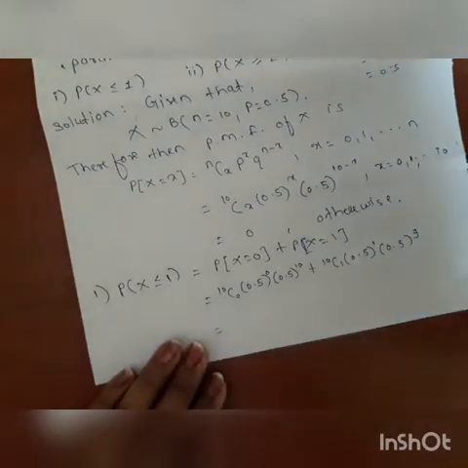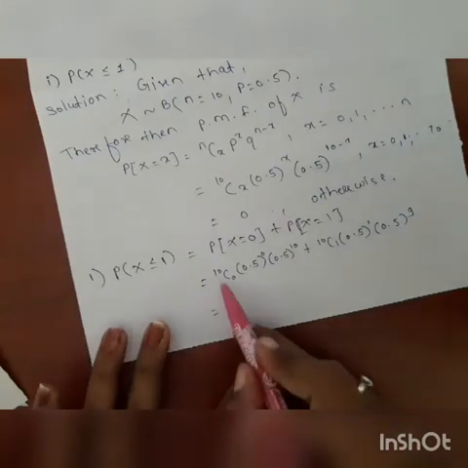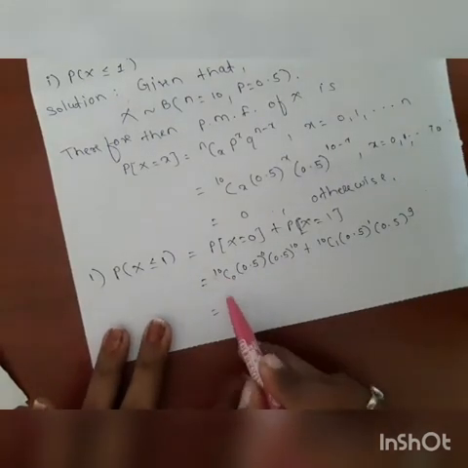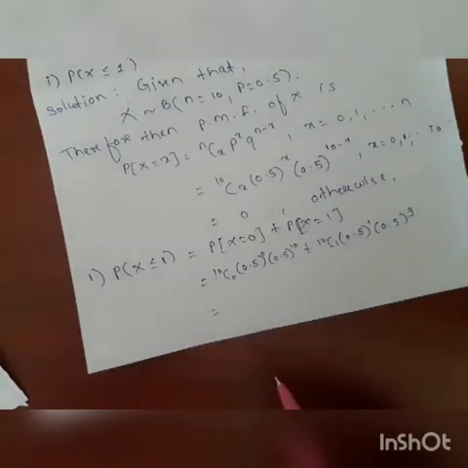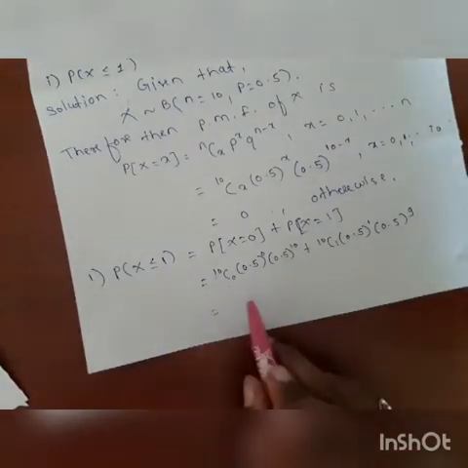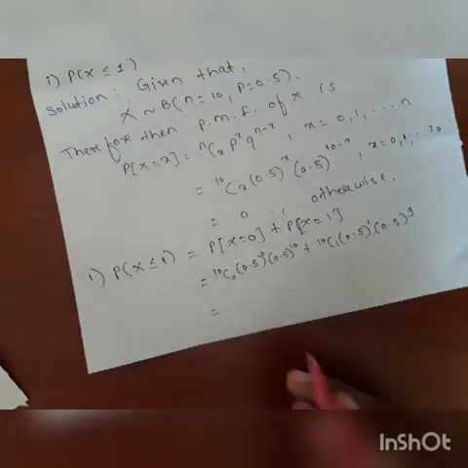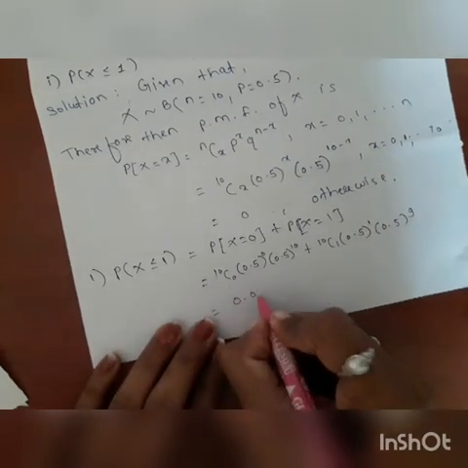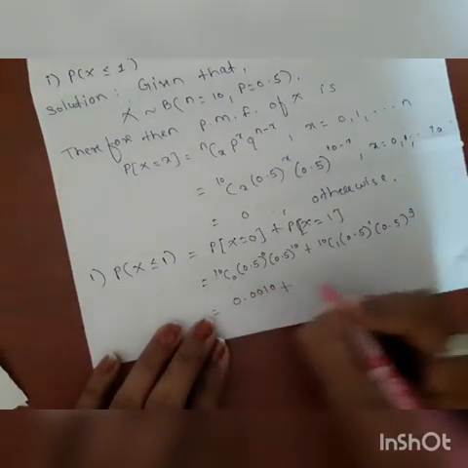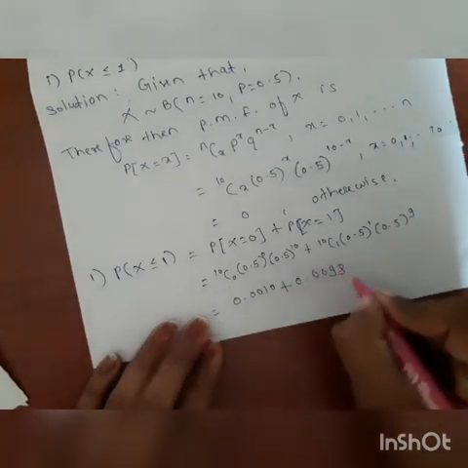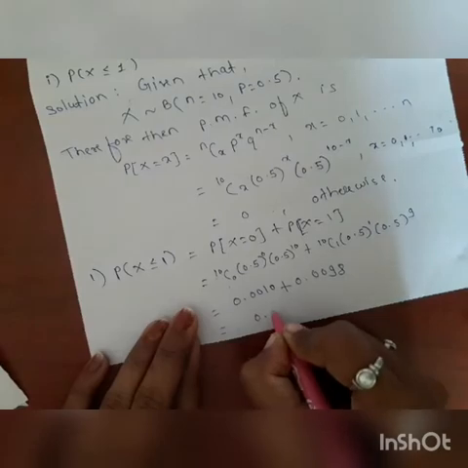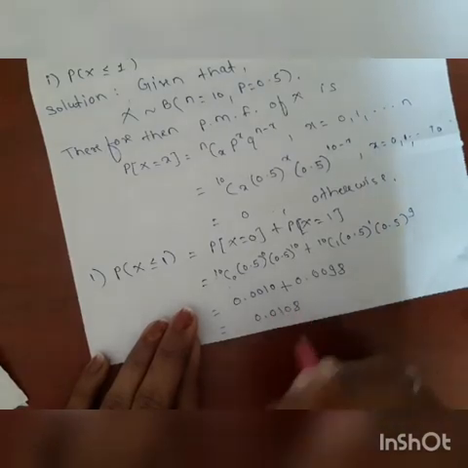Here 10C0 is nothing but nCr, so take the formula for combination and solve it. After solving, we get 0.0010 plus 0.0098, which is equal to 0.0108.